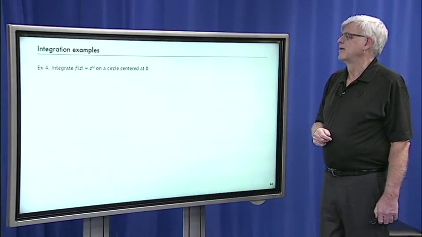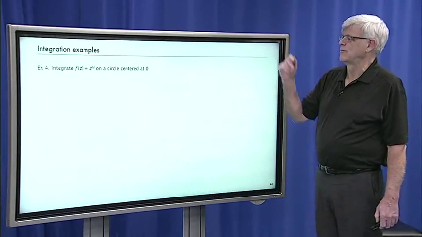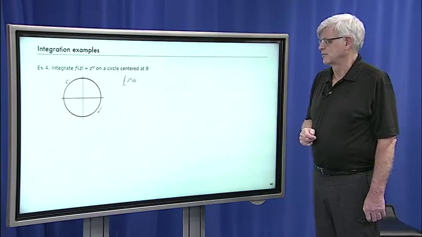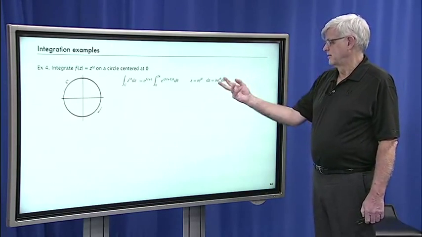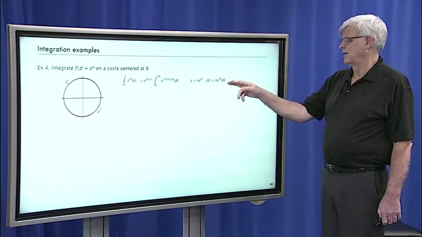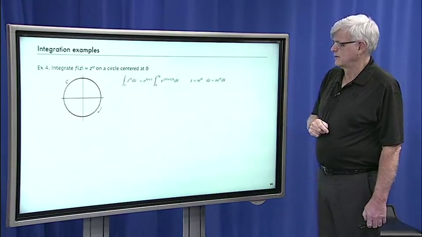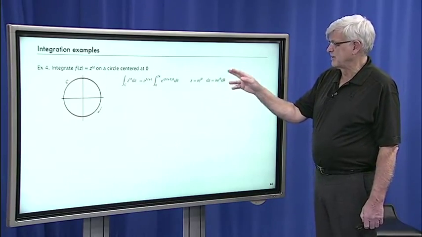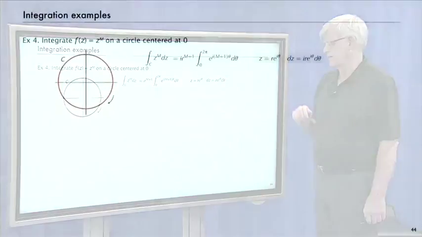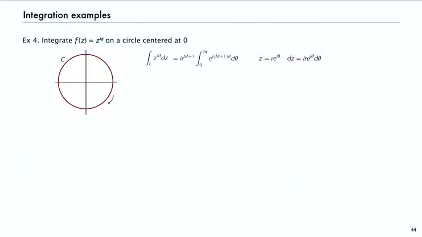So here's another one. Let's say it's z to a power on a circle centered at 0. So again, same substitution, z equals r e to the i theta, dz equals i r e to the i theta d theta. So z to the m is r to the m e to the i m theta. Multiply it out, now we have e to the i (m plus 1) theta d theta. And now there's two cases.